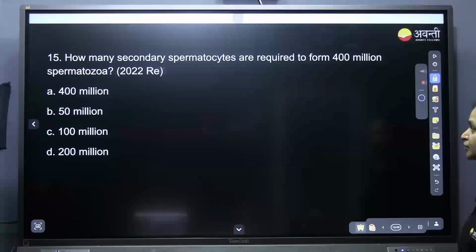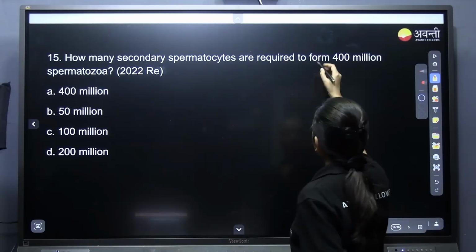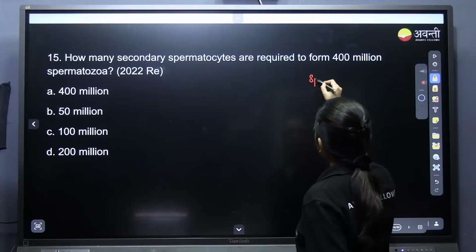How many secondary spermatocytes are required to form 4 million spermatozoa? We will see, okay.